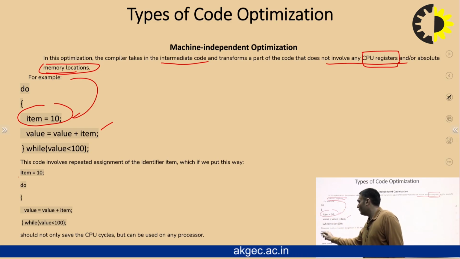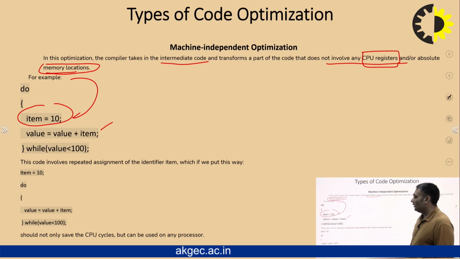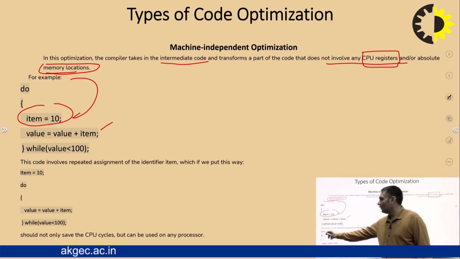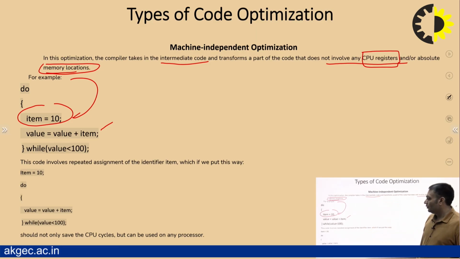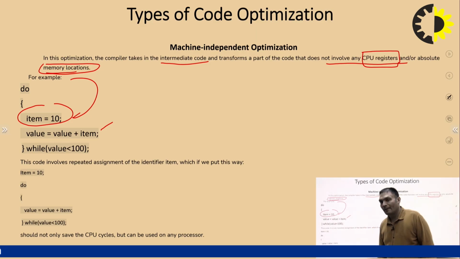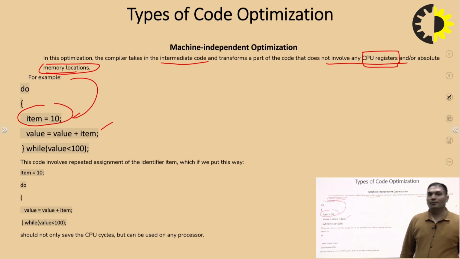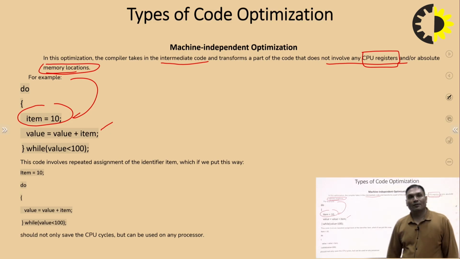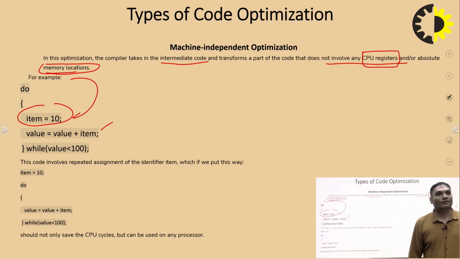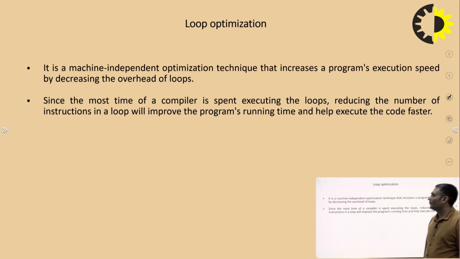So this item equal to 10 is written here outside the loop. So this only changes the program, but it is not affecting any CPU register or absolute memory location. This type of change is called machine independent optimization.